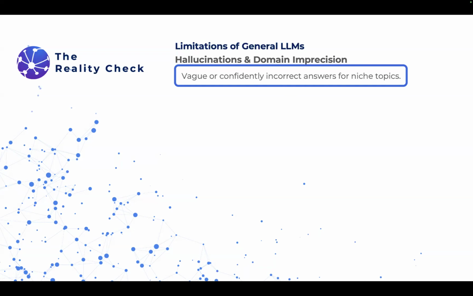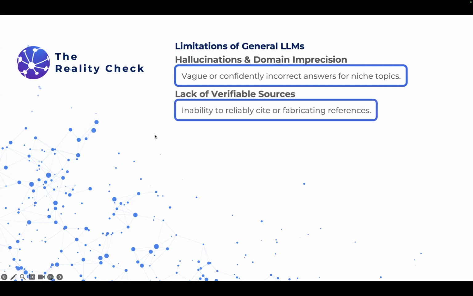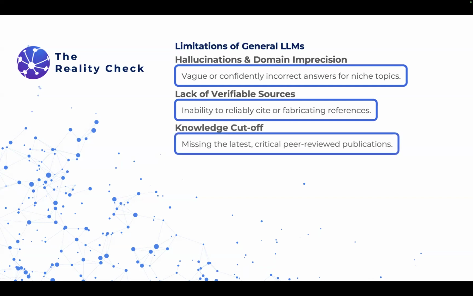Sometimes it gives you answers that are very vague, or even fabricated information. You ask Perplexity, I need a reference on such and such topic, and it generates references for you, but sometimes when you click the reference, it doesn't exist, right?